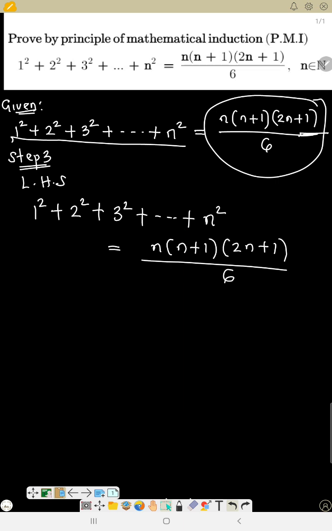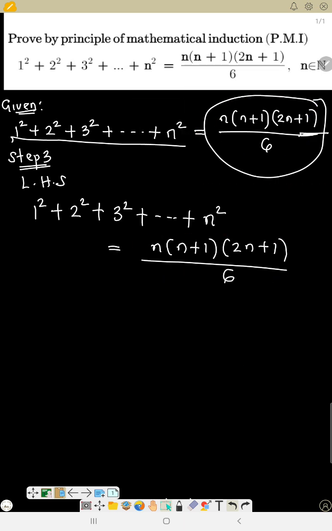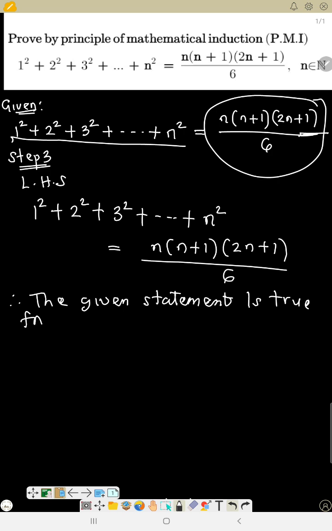Since the left hand side equals this right hand side here, we have proved. Therefore, the given statement is true for n equals k plus 1.